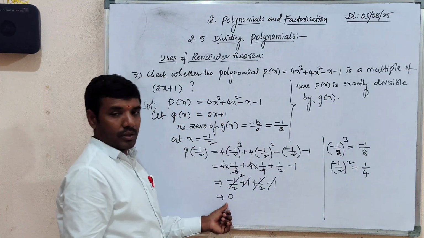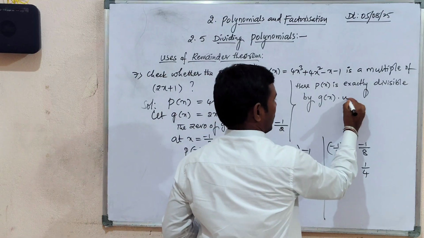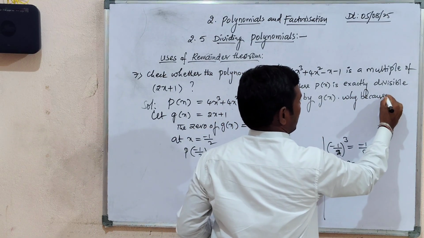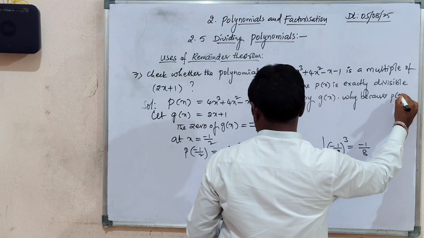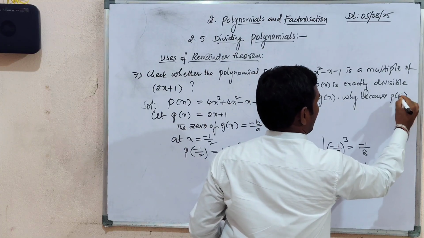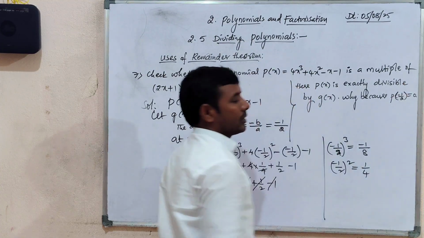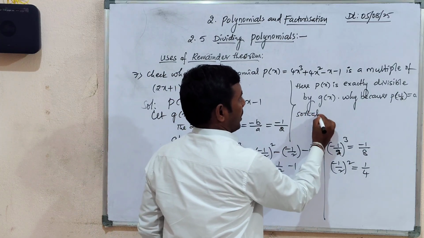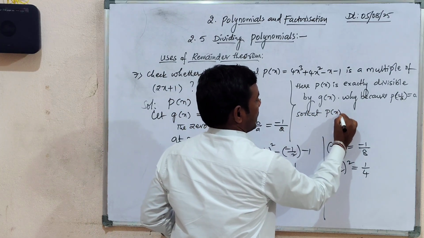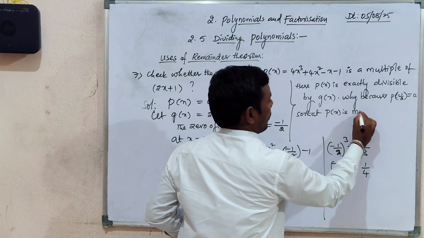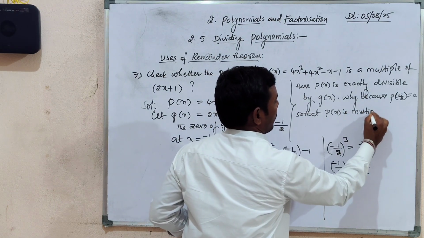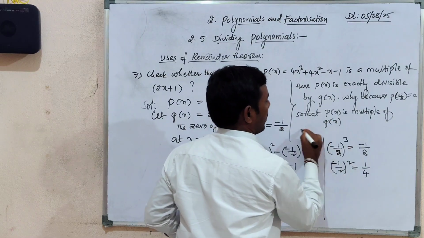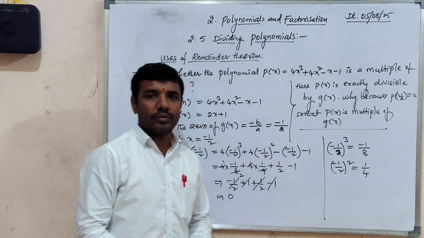Because P of minus 1 by 2 is equal to 0. That is the reason. So P of x is a multiple of g of x. Right? Okay?